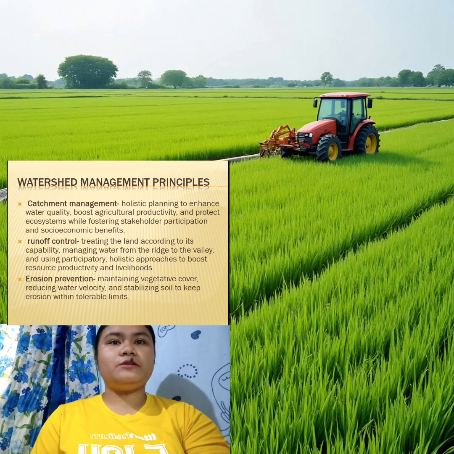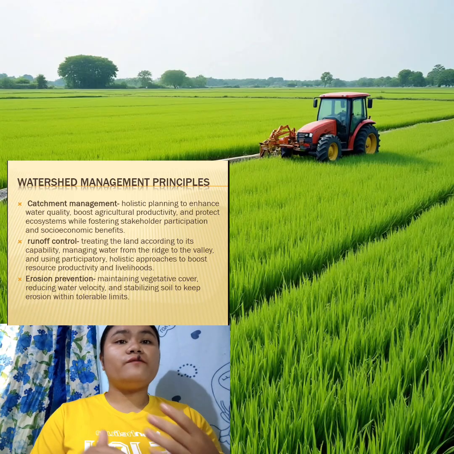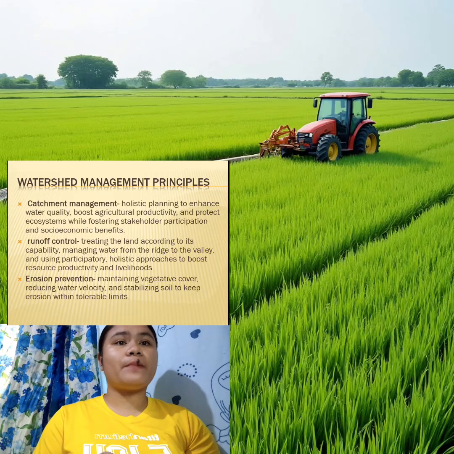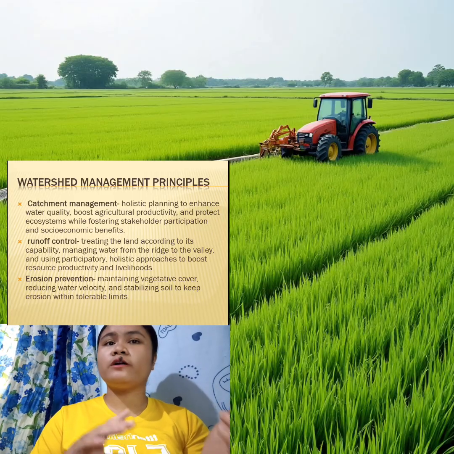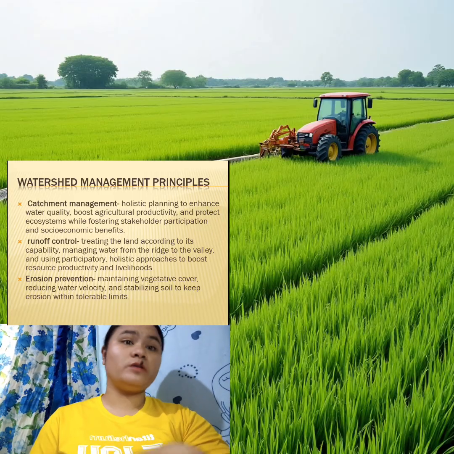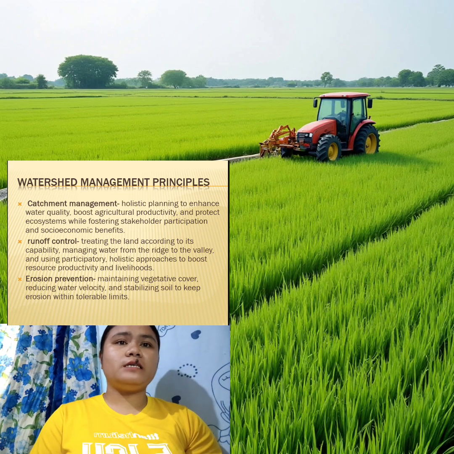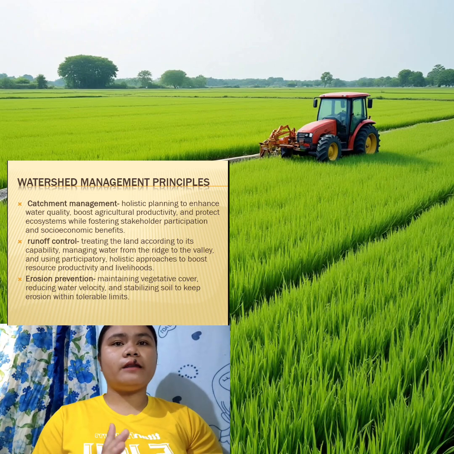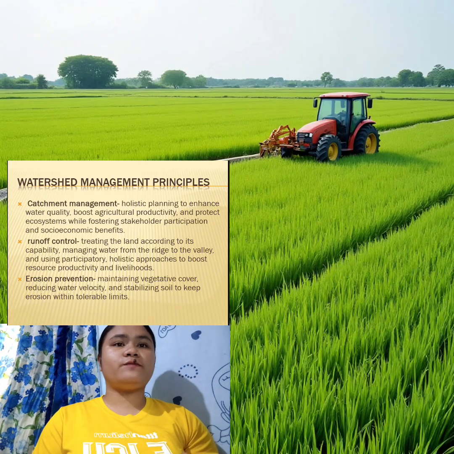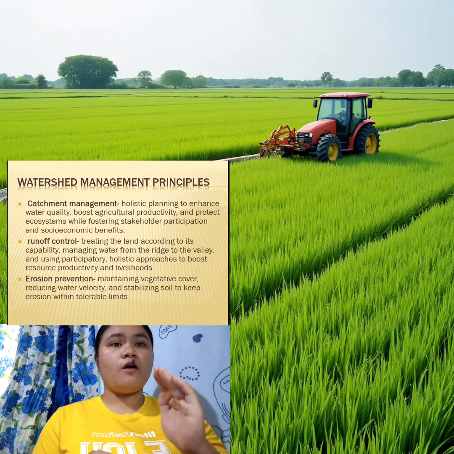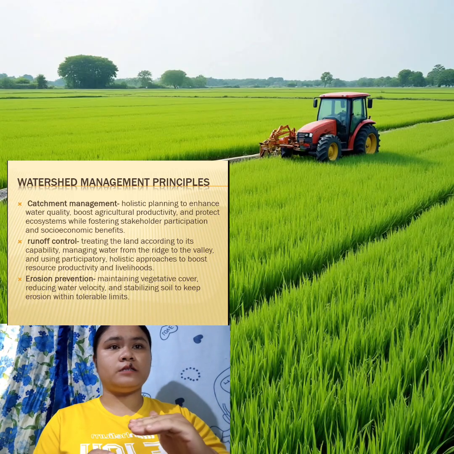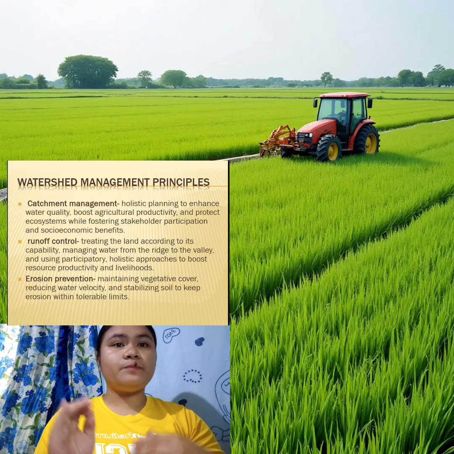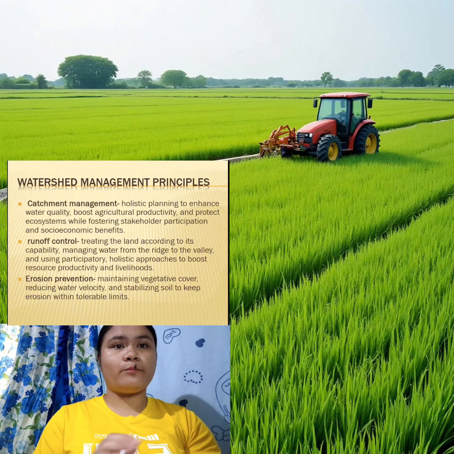The second is runoff control. Runoff control is about treating the land according to its capability and managing water from the ridge to the valley. This means that management must consider the entire landscape, from the highest point of the catchment to its lowest. Effective runoff control uses participatory and holistic approaches.